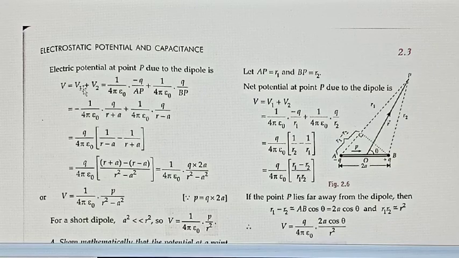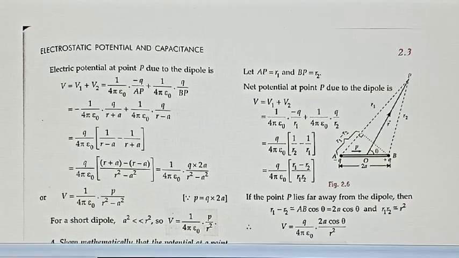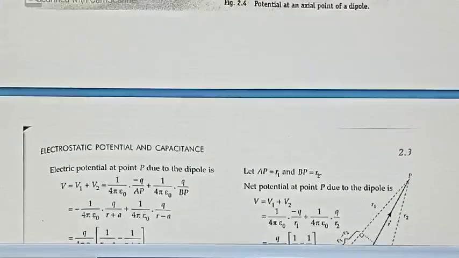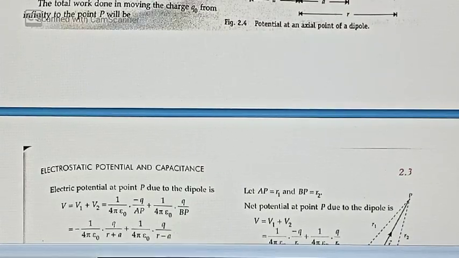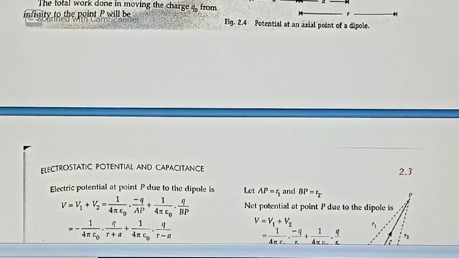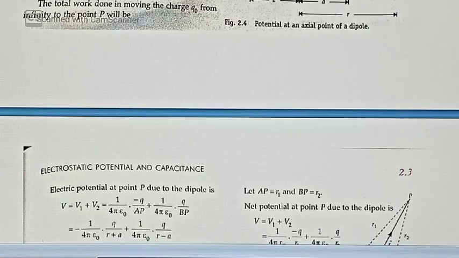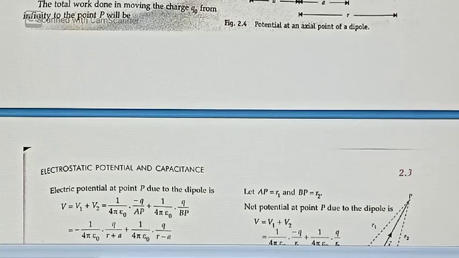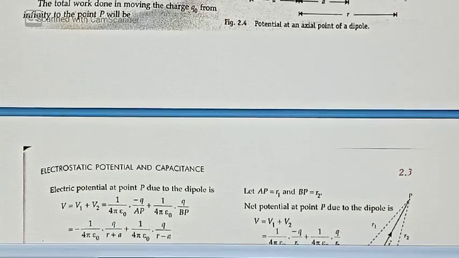So V is equal to V1 plus V2, 1 by 4 pi epsilon times minus Q by AP. AP is the distance of separation. So what is the value of AP? R plus A. Similarly, at what distance is the charge plus Q from the point P?